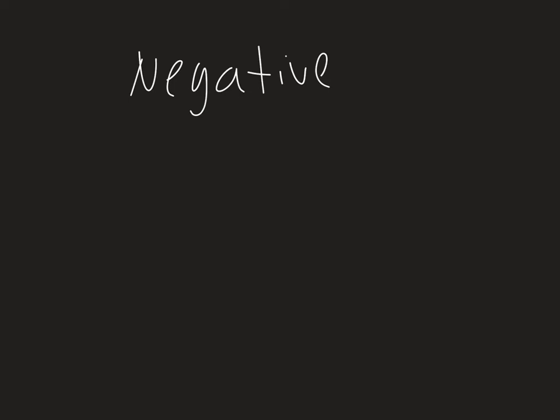So if we're looking at a negative power, what does that mean? For instance, let's say we have 5 to the power of negative 4. I don't know what that means, but if we go back to our quotient rule, we can do something similar to what we did with the zero exponent. Let's think about 5 to the second power divided by 5 to the sixth power.